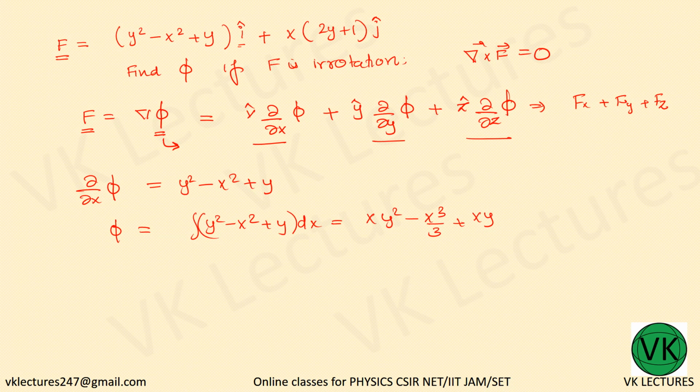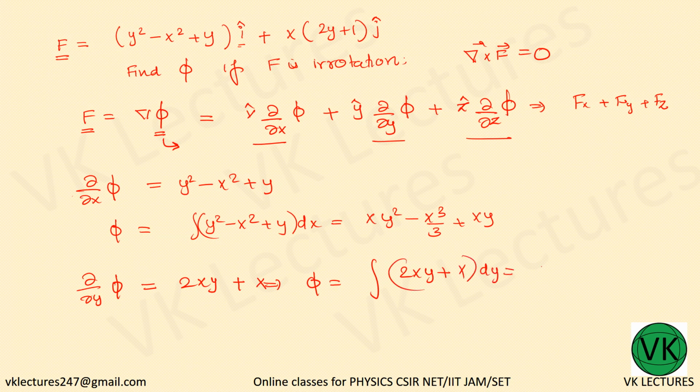But phi should not be different, we have to write phi as a single term. So now next use the second term, dou by dou y of phi. So dou by dou y of phi is equal to 2xy plus x, which implies phi is equal to the integral of 2xy plus x with respect to y.